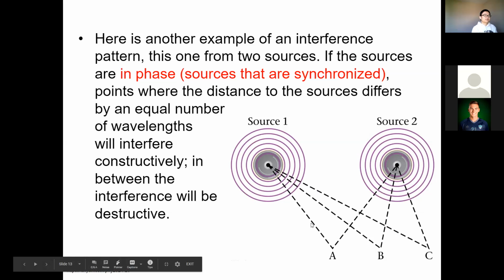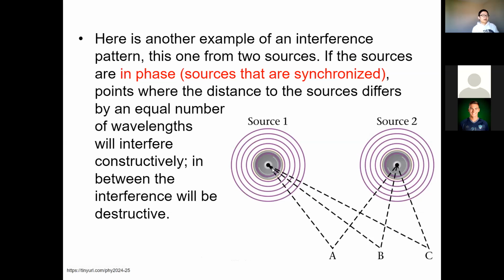If they travel the same path to reach point A, say point A is at the middle of the two sources, then the maximum from one wave will meet the maximum from the second wave, or the minimum of the first wave will meet the minimum of the second wave at point A. When this happens at point A, you will see constructive interference from the two sources. Now, at certain locations other than point A, the paths from the two sources are different.